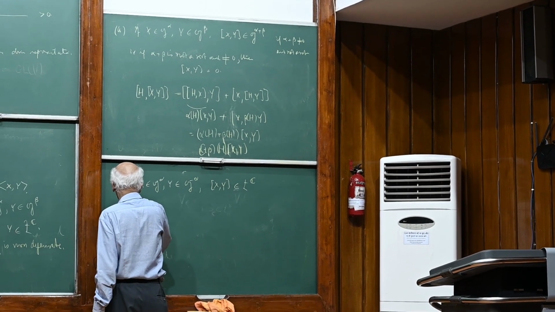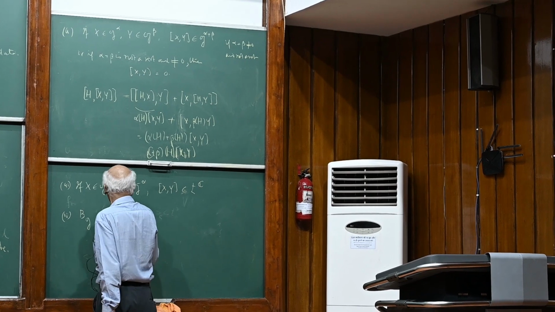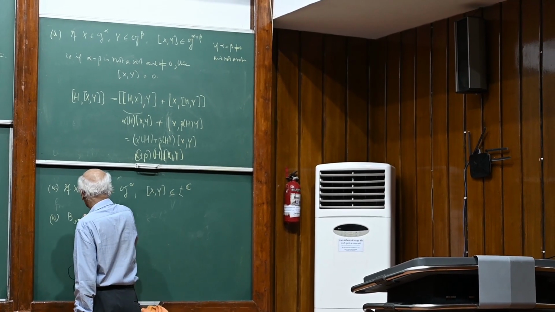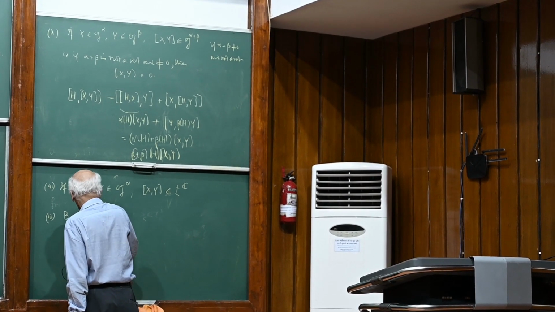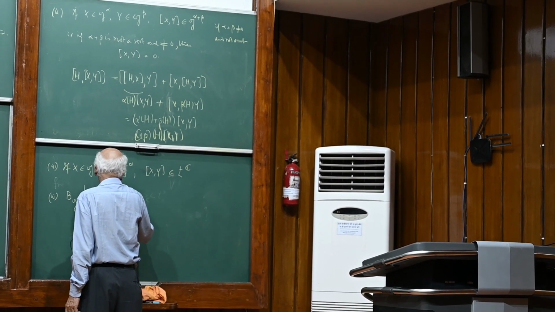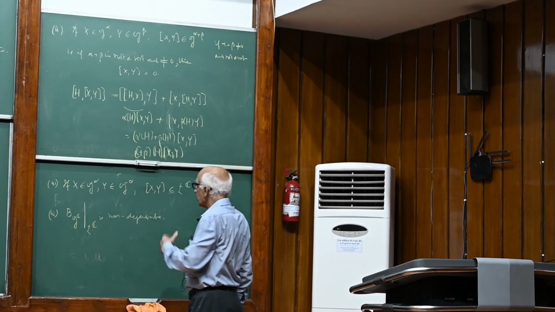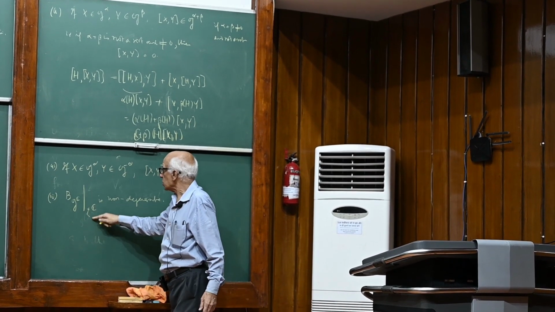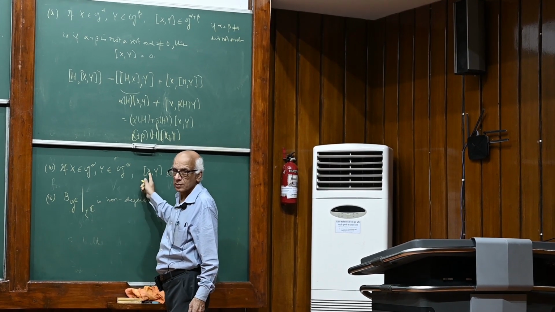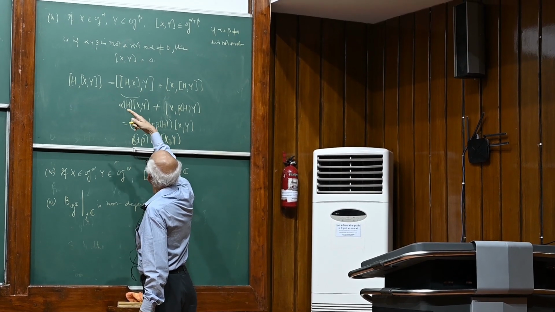Further, the Killing form restricted to Tc is non-degenerate. Why? Because we have seen that Tc is orthogonal to every root space. The argument shows that Tc is orthogonal to every root space.